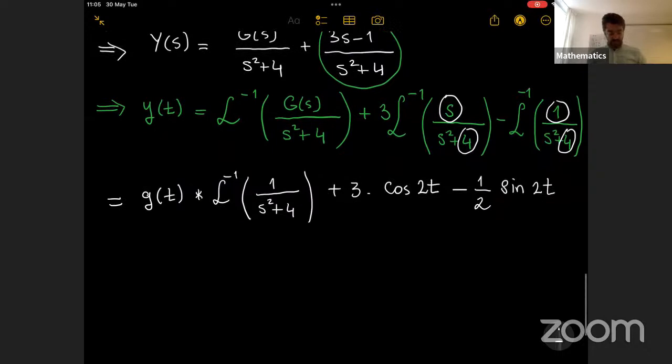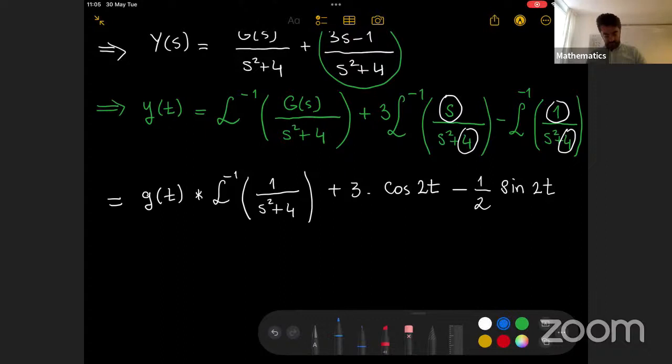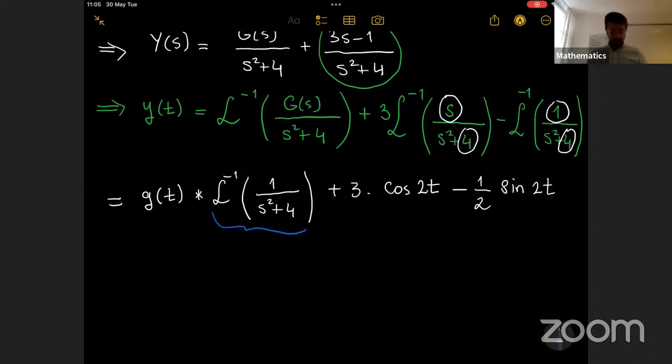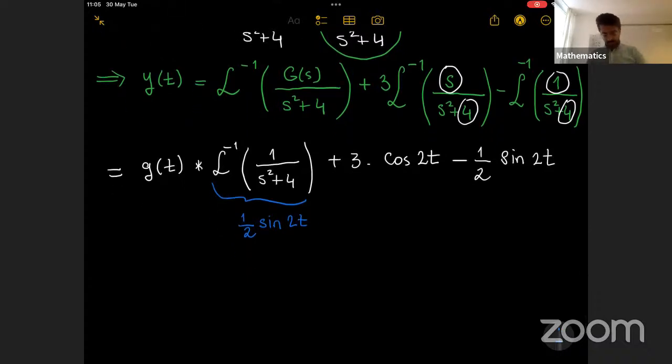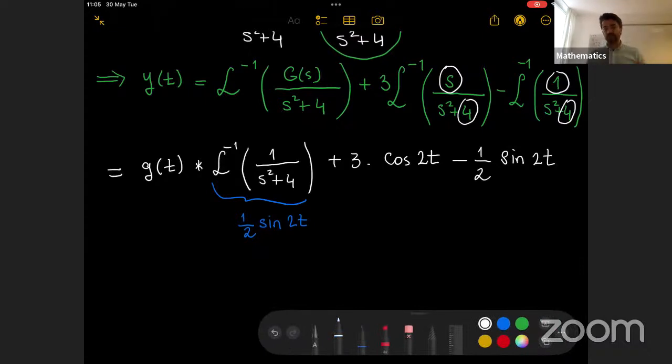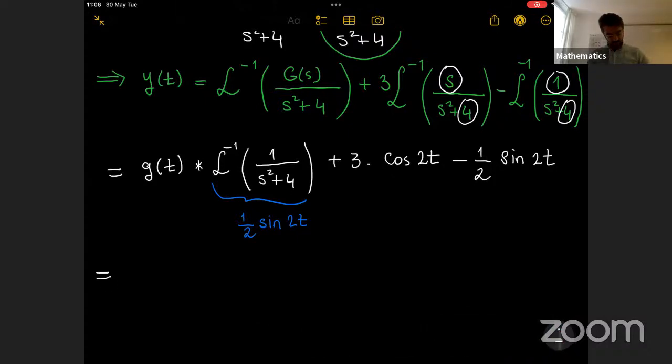We are almost done here. Well, this is what? The inverse Laplace of this is basically, again, sine, we just computed here, it's 1 over 2 sine 2t. So we're almost done. You can leave it like this if you want, but if you write the explicit formula for the convolution, it's going to be better.